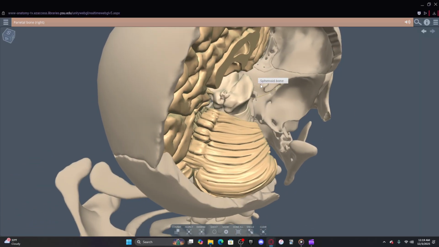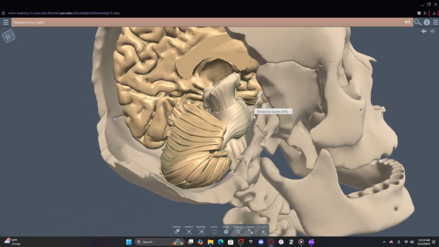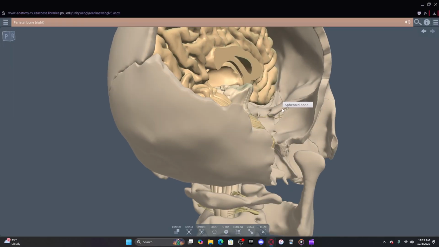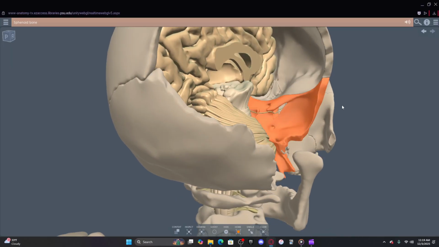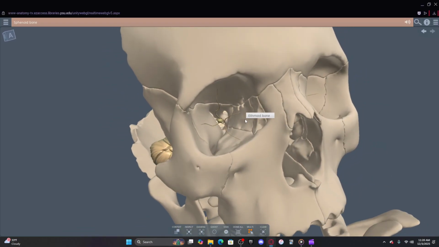So we saw the optic nerve going through the optic canal. Now we're seeing the oculomotor nerve, right, move into the superior orbital fissure. Right, superior orbital fissure. Right, and then it's also entering the orbit.